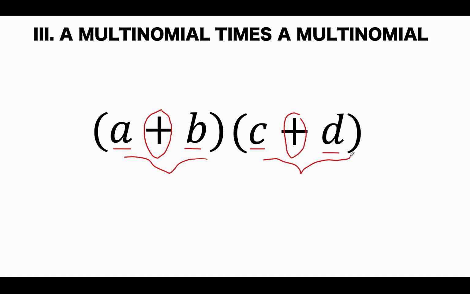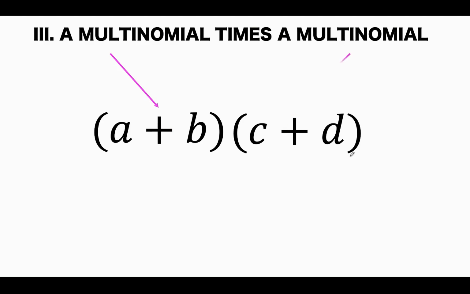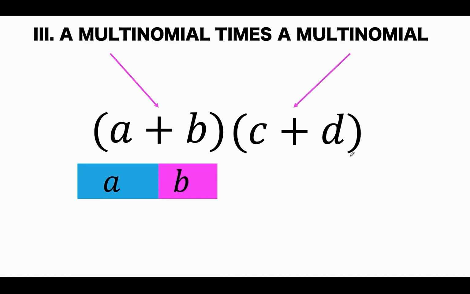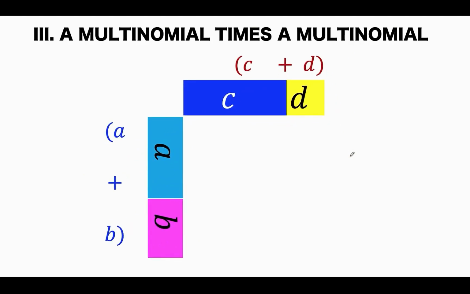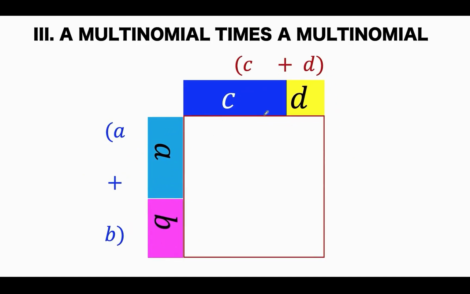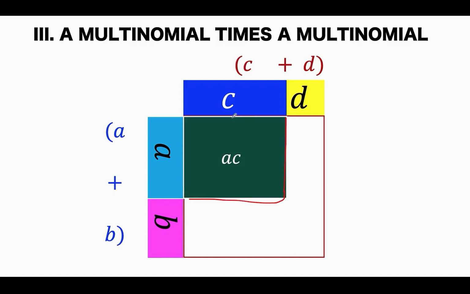And we would like to multiply a binomial times another binomial. So, how do we multiply this? This is what we're going to do. Let's visualize them. And again, form a rectangle, and the area is the product. So what is the area of this part here? That would be A times C. So that's AC. Then, let's take a look at this area.